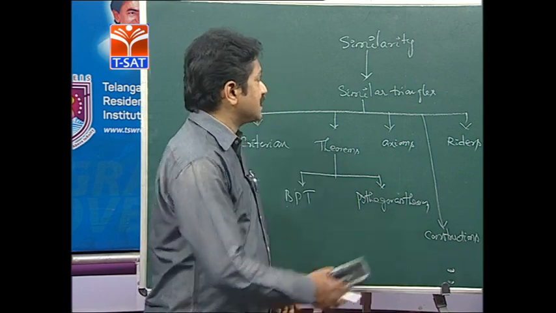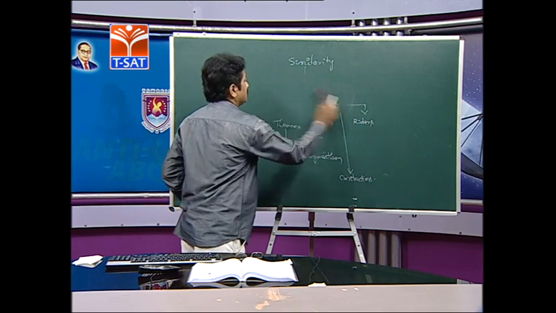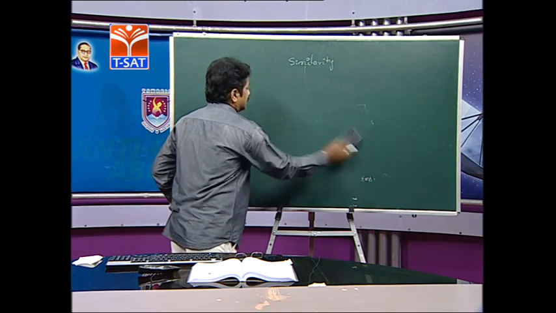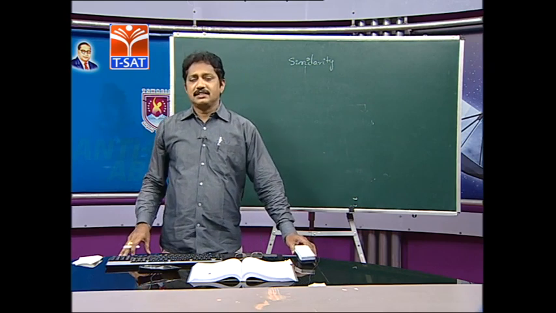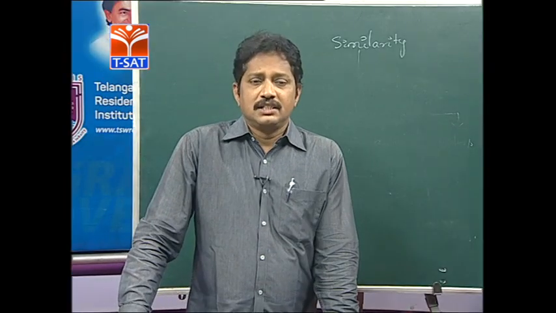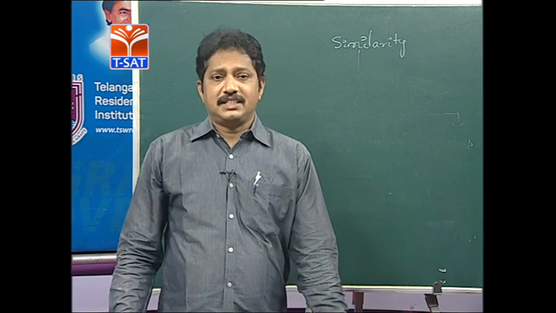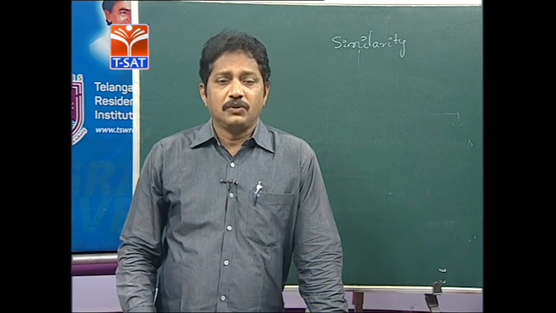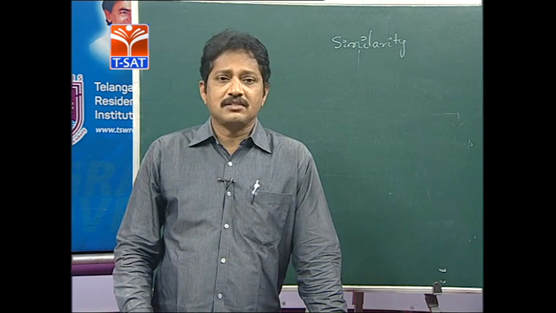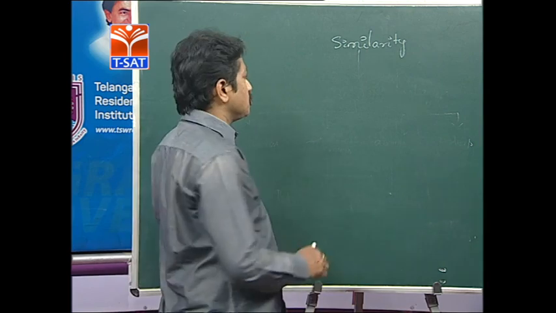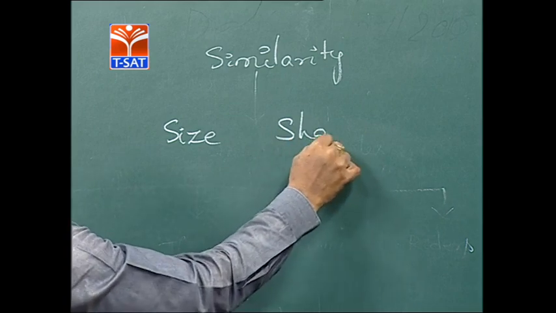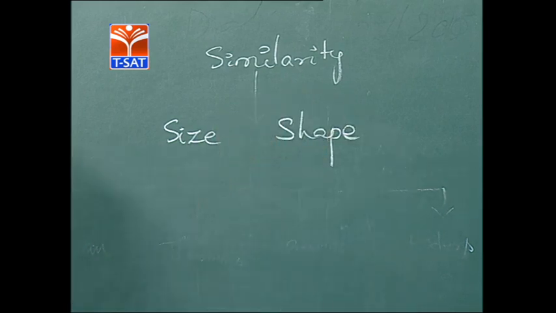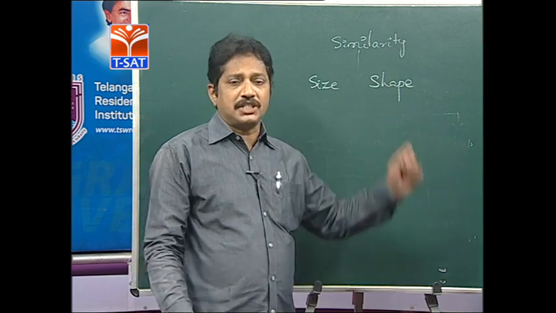The first one is similarity. What is meant by similarity? You know that. Here there is a small confusion in the minds of the teachers as well as the children. Similar and congruent, these are the two words. So what is similar and what is congruent? For this, two words are very important: one is size and the second one is shape.